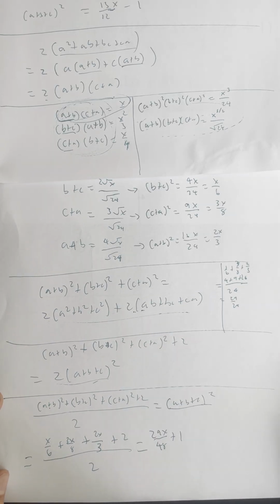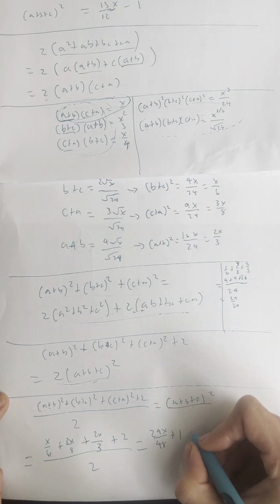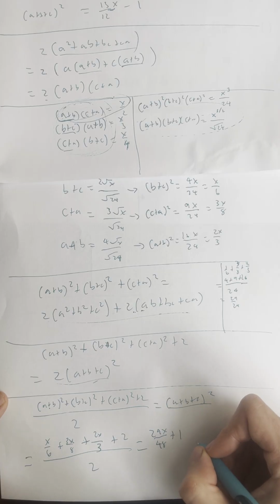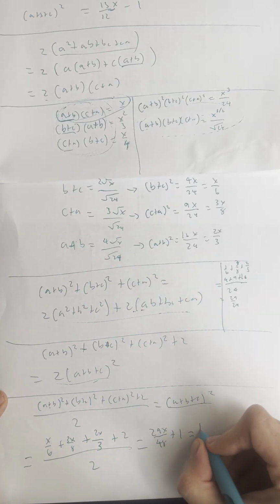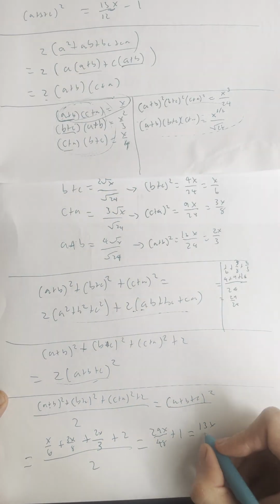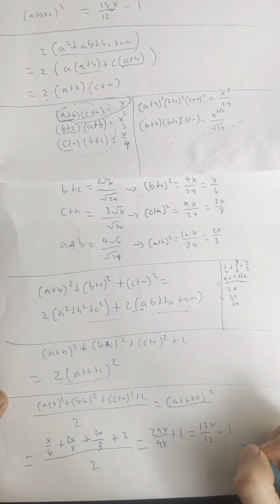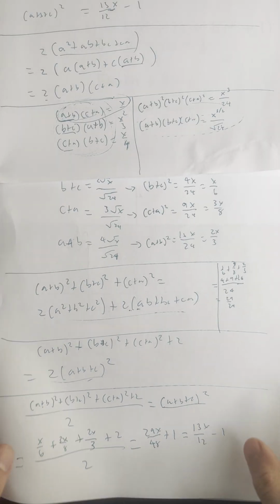That is going to be equal to a plus b plus c squared, which is equal to 13x over 12 minus 1. Let's get another sheet of paper.